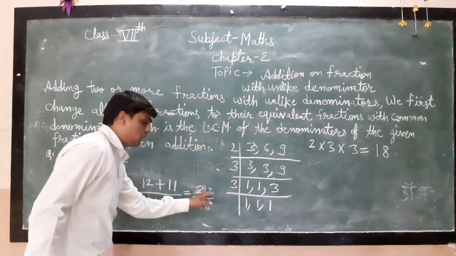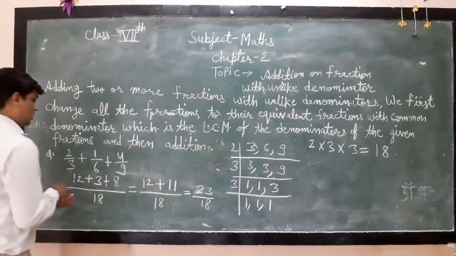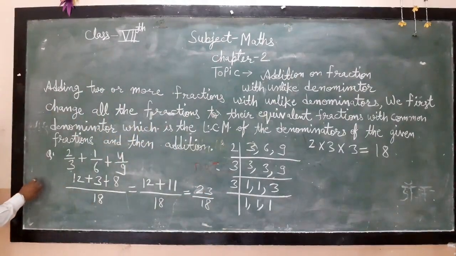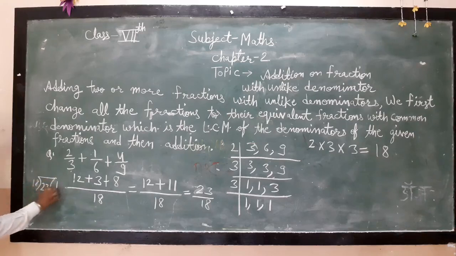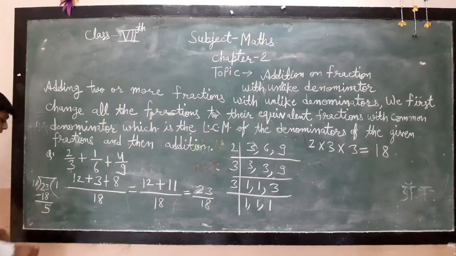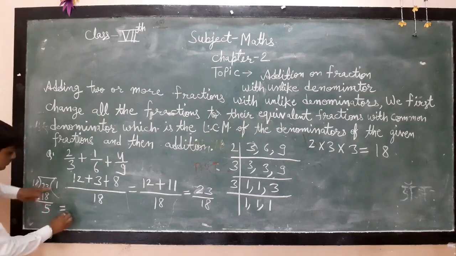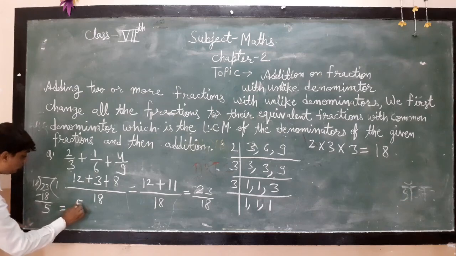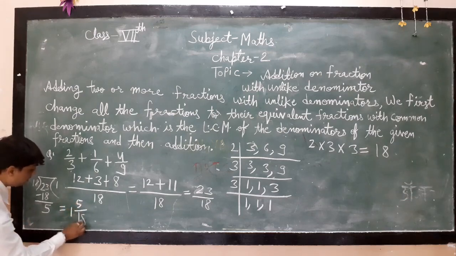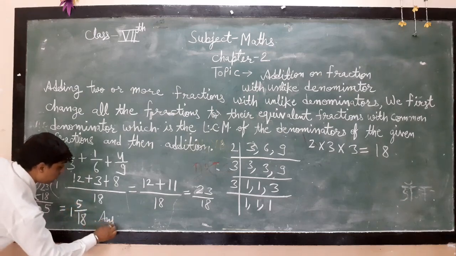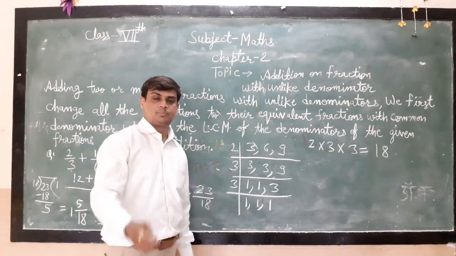Now the fraction is 23 upon 18, divided by 18 once is 18. 23 minus 18 is equal to 5. Now the fraction is 1 and 5 upon 18. This is the answer. Write the question.